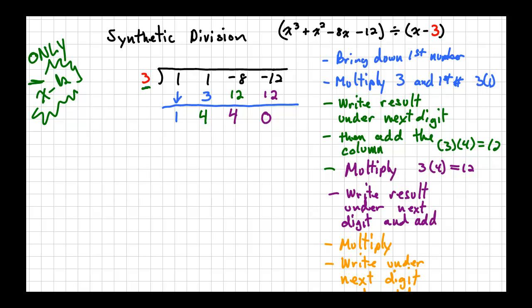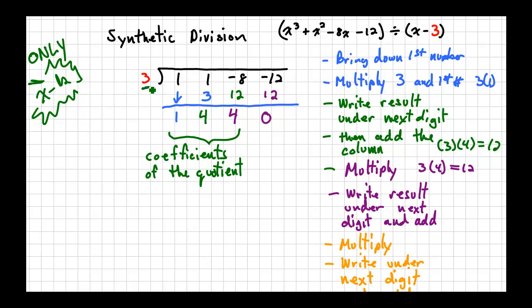We are done. The fact that we get a 0 means that this x minus 3 is a factor of x cubed plus x squared minus 8x minus 12. So our result here is the quotient, and these are the coefficients of the quotient.